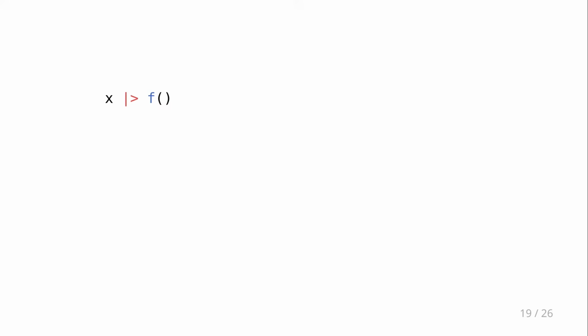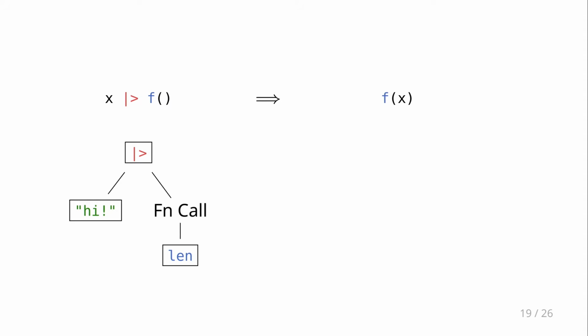What we really wanted to say early on was if x is being piped into f, that's the same thing as saying f of x. Which really means if I have some syntax tree where we pipe high into the length, we're going to really think of that as being the same as the syntax tree where the high is just directly called as an argument to the length function.